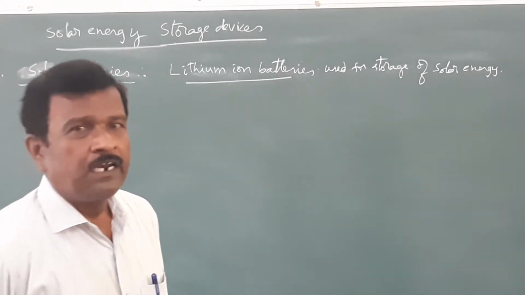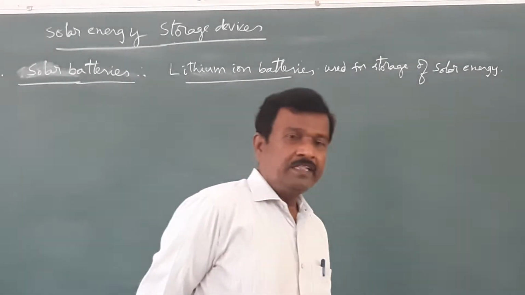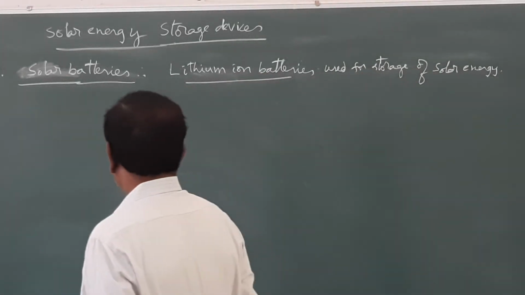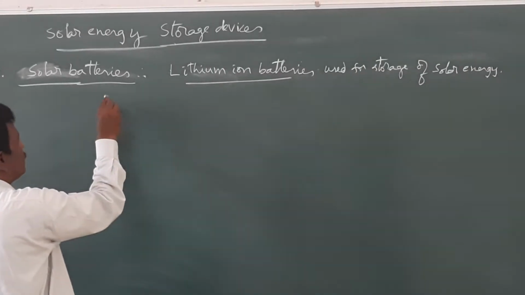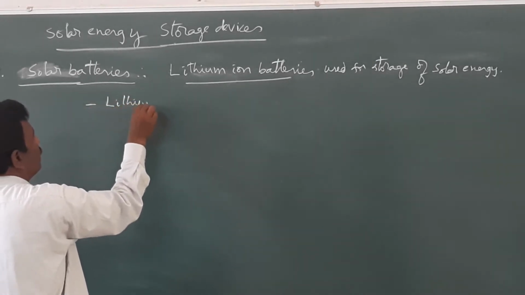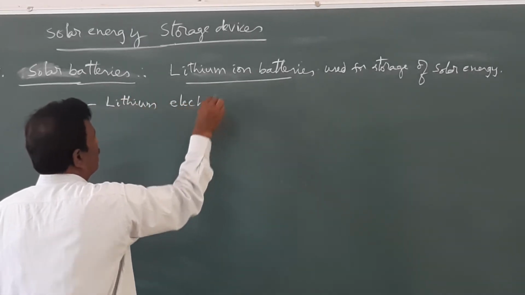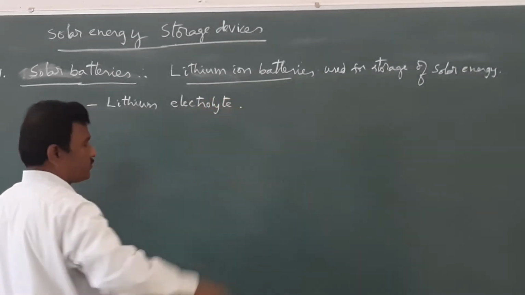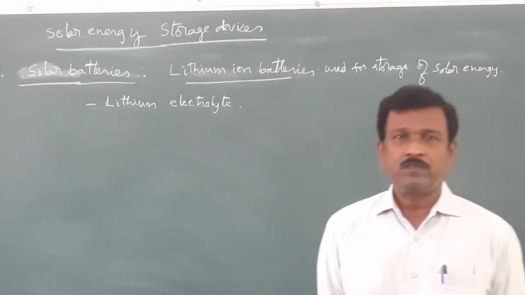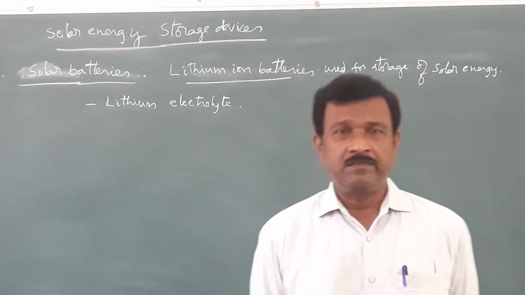Why is it called a lithium ion battery? In these batteries we use lithium as electrolyte. So it consists of lithium electrolyte. Because we use lithium electrolyte in these batteries, it is known as lithium ion batteries.